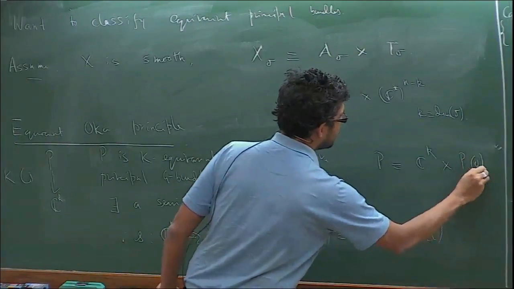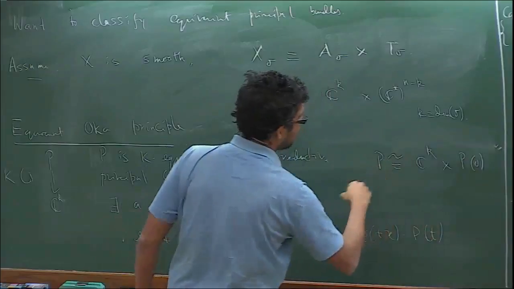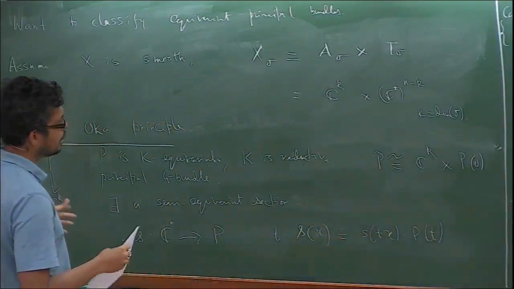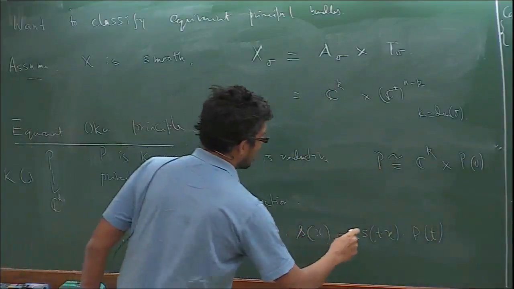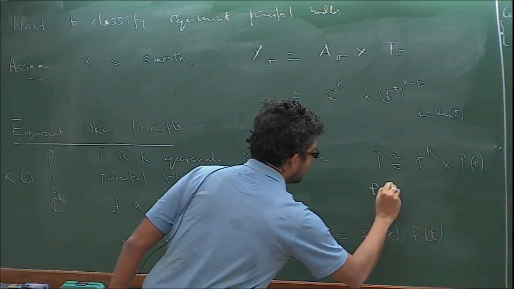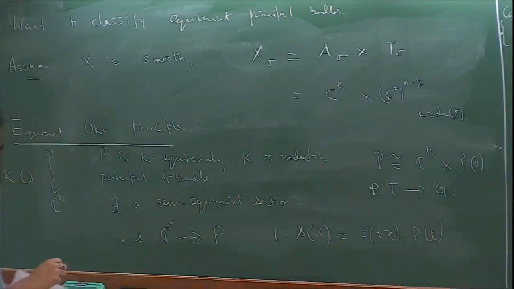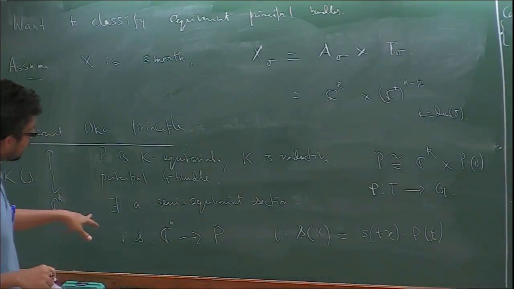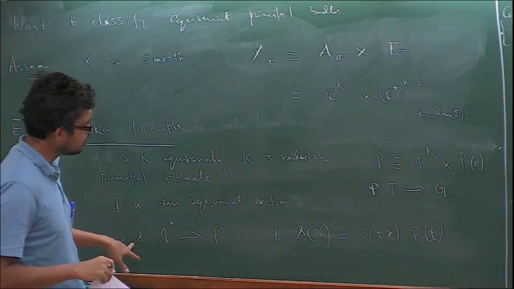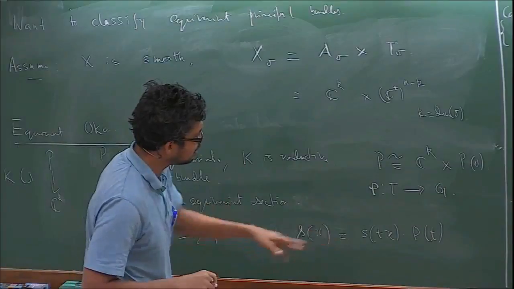Call it the fiber at 0, and the action on P is given by the homomorphism rho from K to G, and there exists a section which satisfies this.